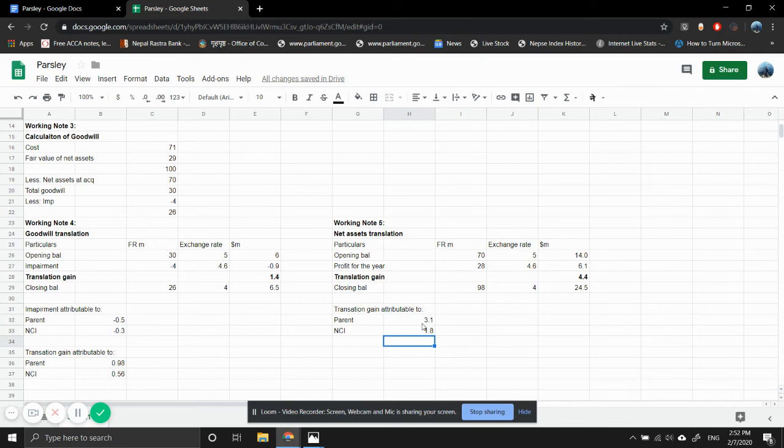Right, so what will be our NCI? In order to calculate that, calculate working note 6, okay? Working note 6.